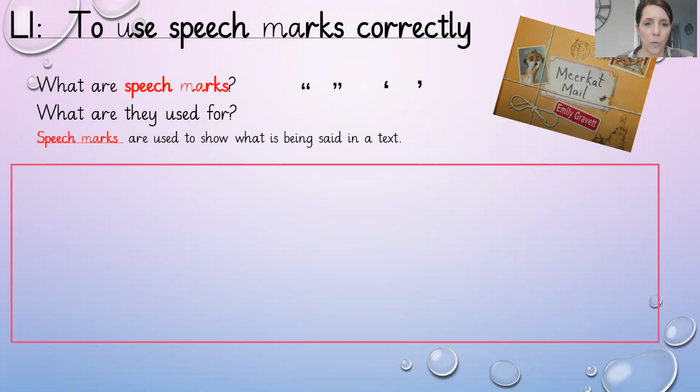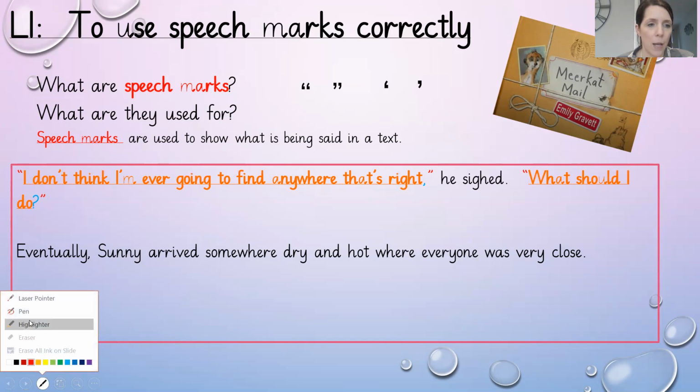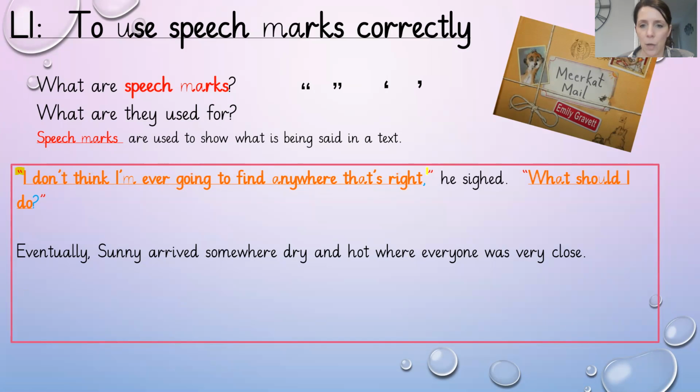So here's an example from our text map, Meerkat Male. He said, "I don't think I'm ever going to find anywhere that's right," he sighed. "What should I do?" So the writing that's in orange is what he said, and the speech marks go around that. So we've got some speech marks here and some speech marks here that go around what he's said.